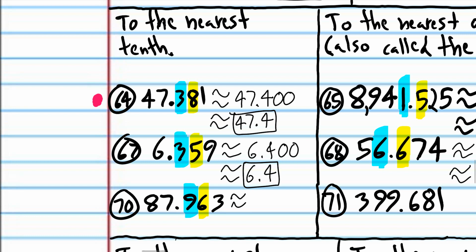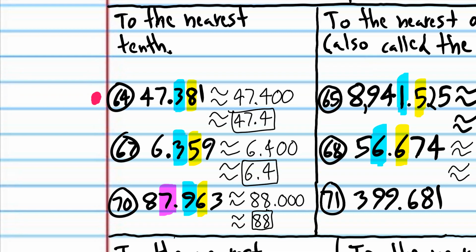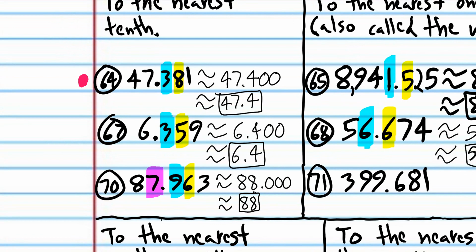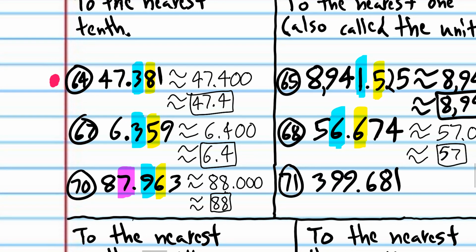So that means we have to round this number up because the 9 can't go up anymore. So it becomes 88.000, which is the same thing as 88. So if you got number 70 correct, you were especially good on that one, because that was a special problem where the blue number ended up being 9.